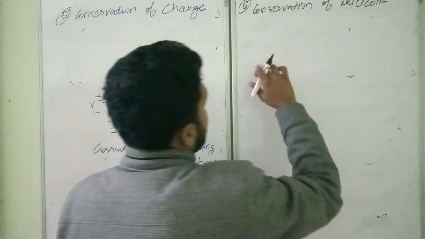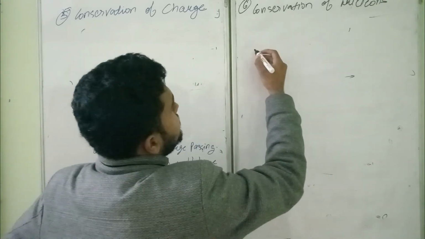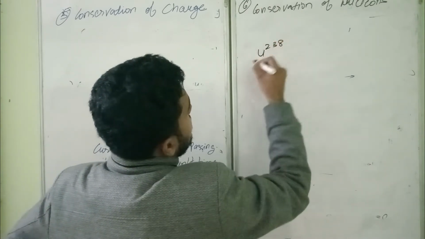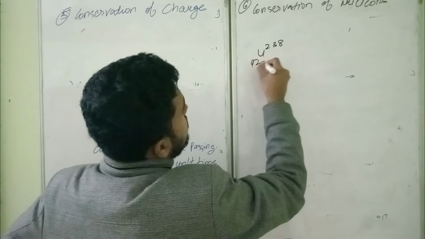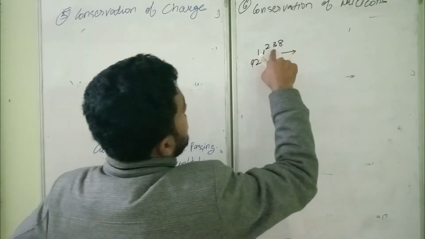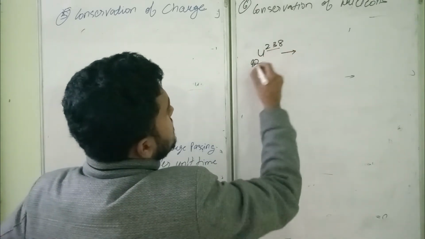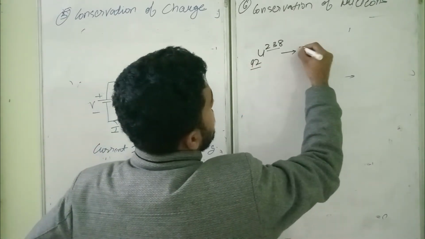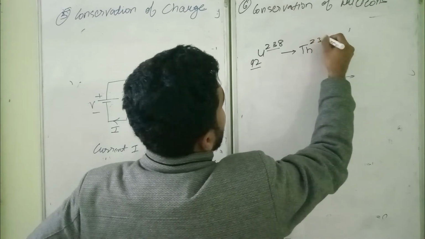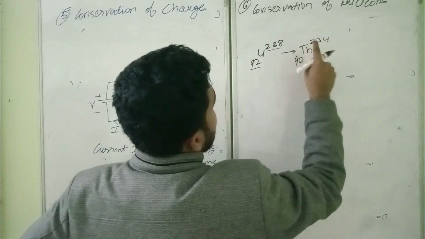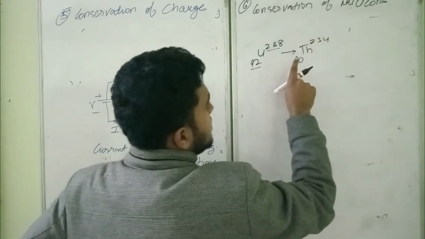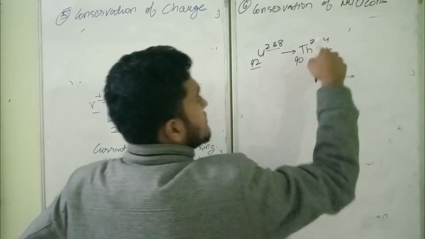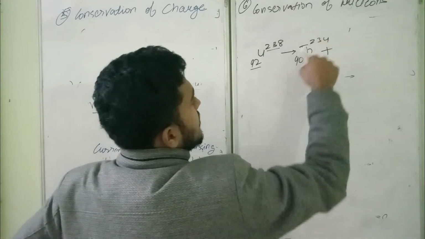How? Let us see an example of a decay. Uranium 238, 92. This is the mass, and this is the atomic number, meaning the number of protons. This gets decomposed into thorium 234 and 90, so this has mass 234 and 90 protons.